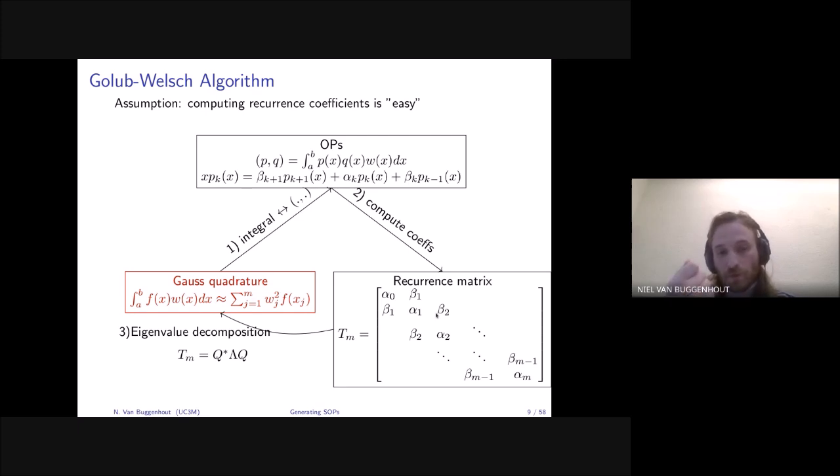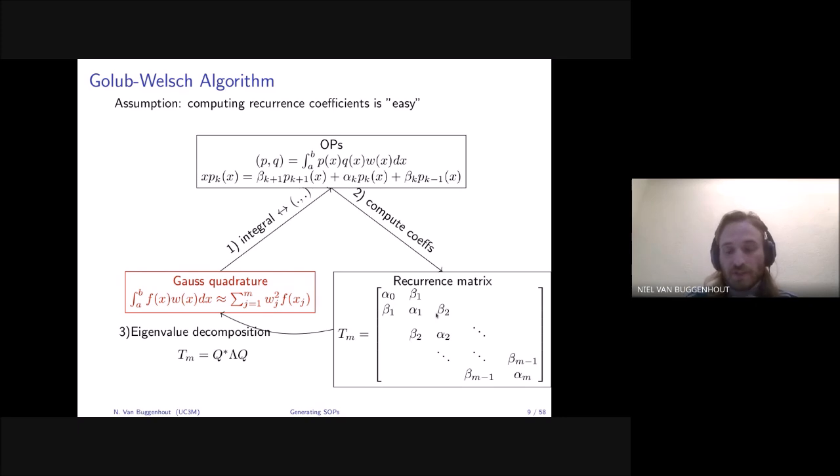The first step is that we connect this integral with an inner product, in the sense that we use the same weight and the same interval, and from this integral of interest we create an inner product for orthogonal polynomials. And then we know that we can compute these coefficients with the expressions that were given a few slides before.